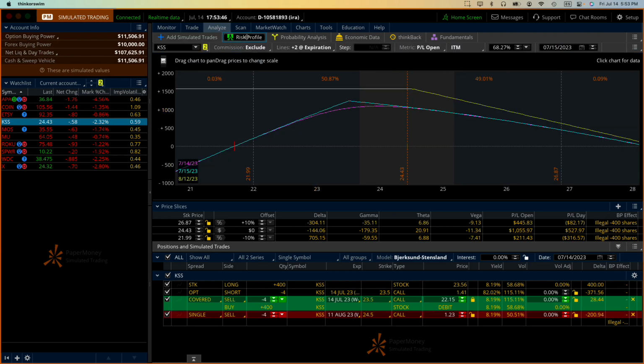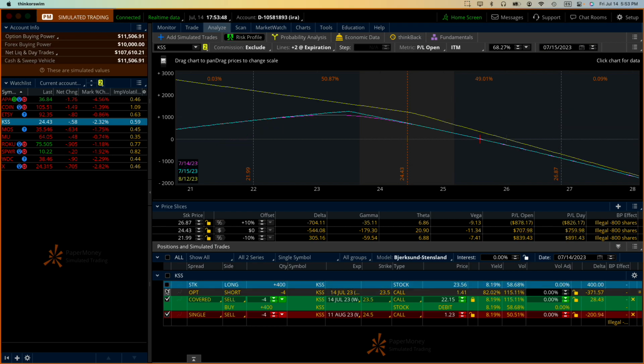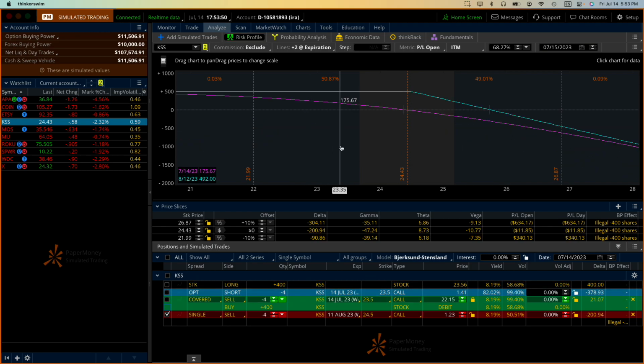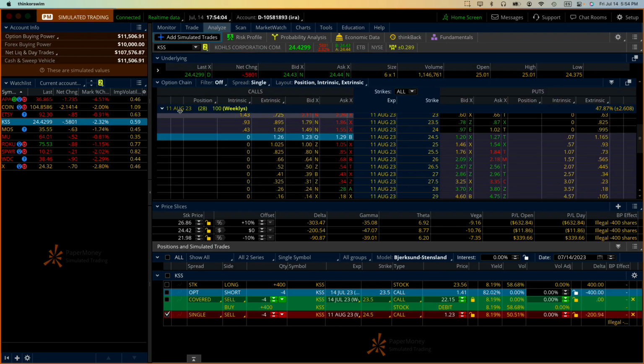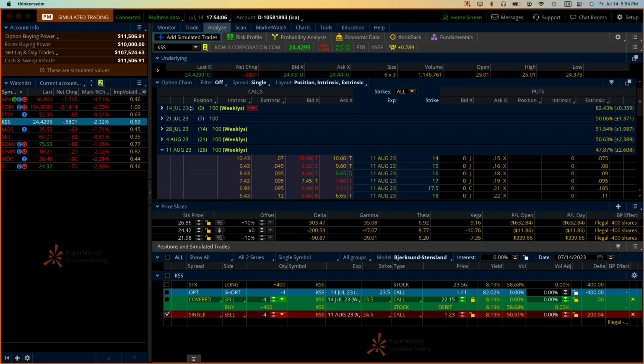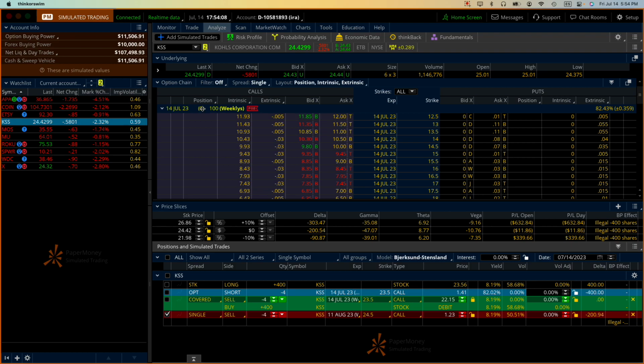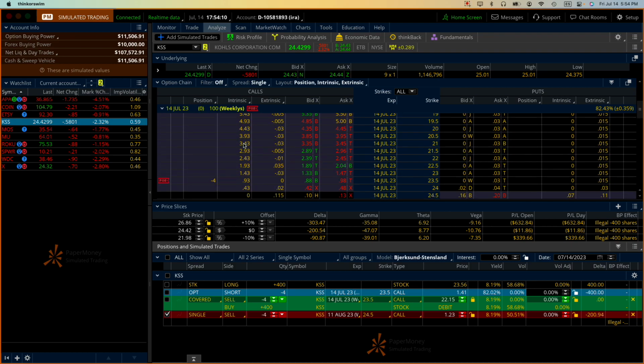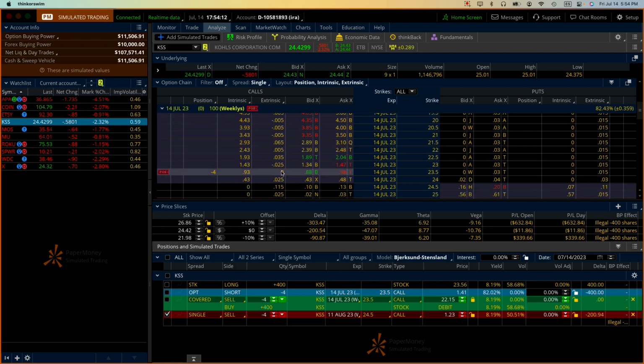You can look at the risk graph, and if we remove everything else, this option, if it was to expire worthless, will give us $492. Sounds great. Okay, but now we have to close this one here. Is it 0? It should be, because it expires today. The option that we're closing, you can see that 0 means expiring today, and the extrinsic is 0.